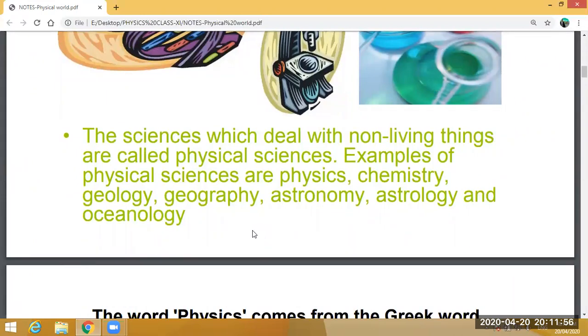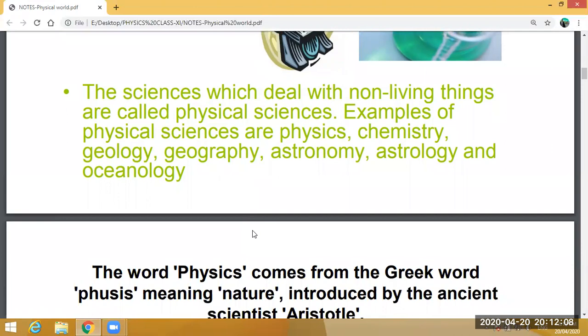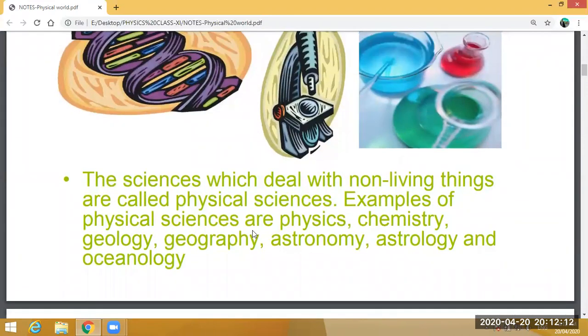Now we have another branch of science which deals with the study of living things. That is called life science. Life science can also be subdivided into two categories: one is zoology and the other is botany.